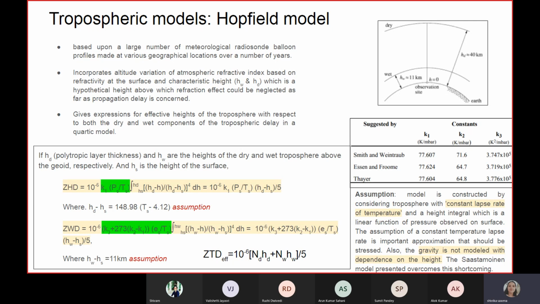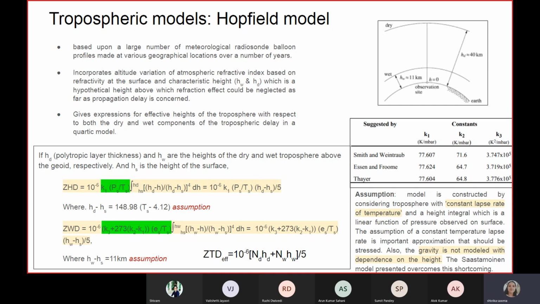What is the major assumption that we have used here? One assumption is that we are assuming a constant temperature lapse rate. We have seen how the temperature lapse rate is changing through various layers of the atmosphere, but in this model we assume that it is constant. This is a shortcoming of the Hopfield model, which is taken care of by the Saastamoinen model.